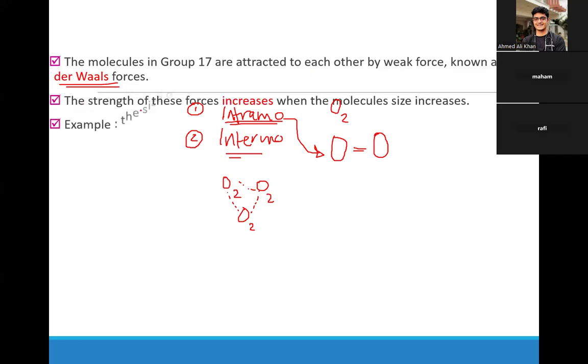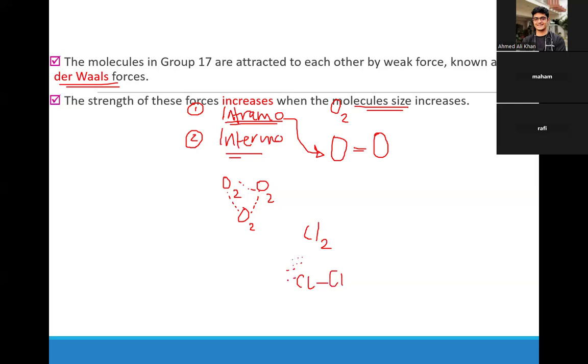Okay, so the strength of these forces increases when the molecule's size increases. If the size of the molecules increases, the strength of the intermolecular forces increases. That's because when your size gets bigger, you have a much more dense electronic cloud. For example, if you take a molecule of chlorine, it has two chlorine atoms.